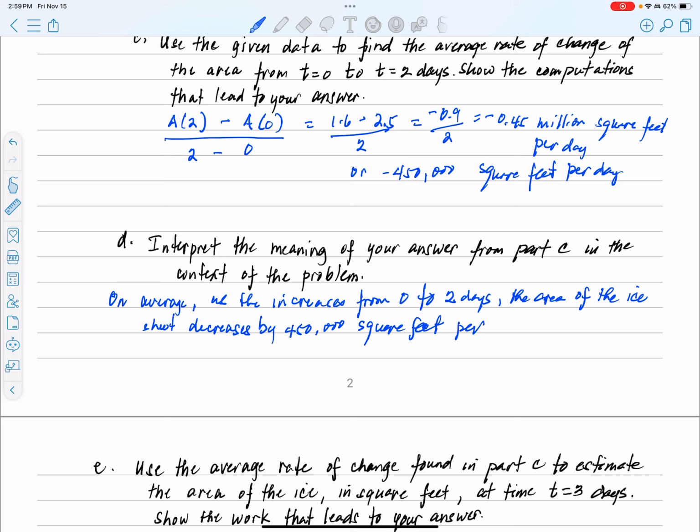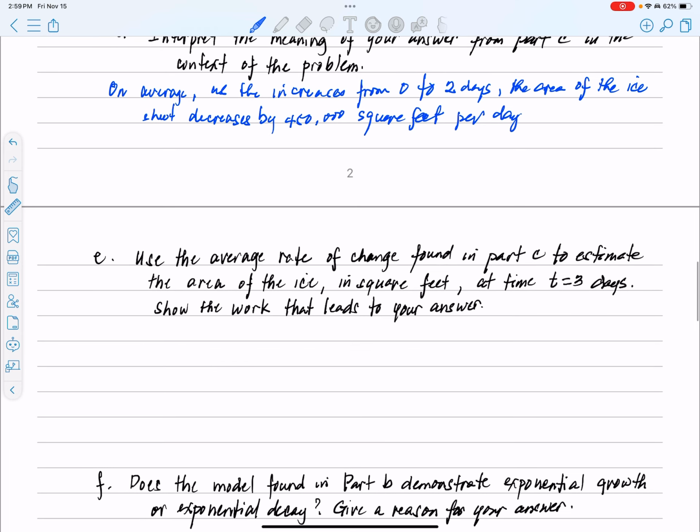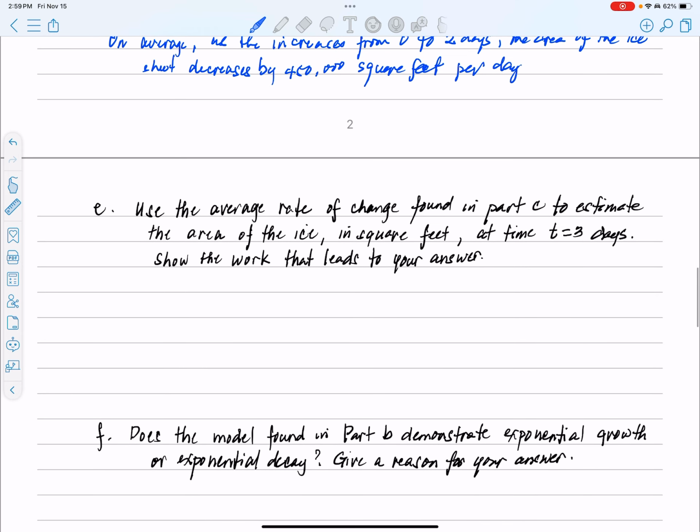Right. That's it. Use the average rate of change found in part C to estimate the area of the ice in square feet at the time of t equals 3 days. So this time, it's 3 days.